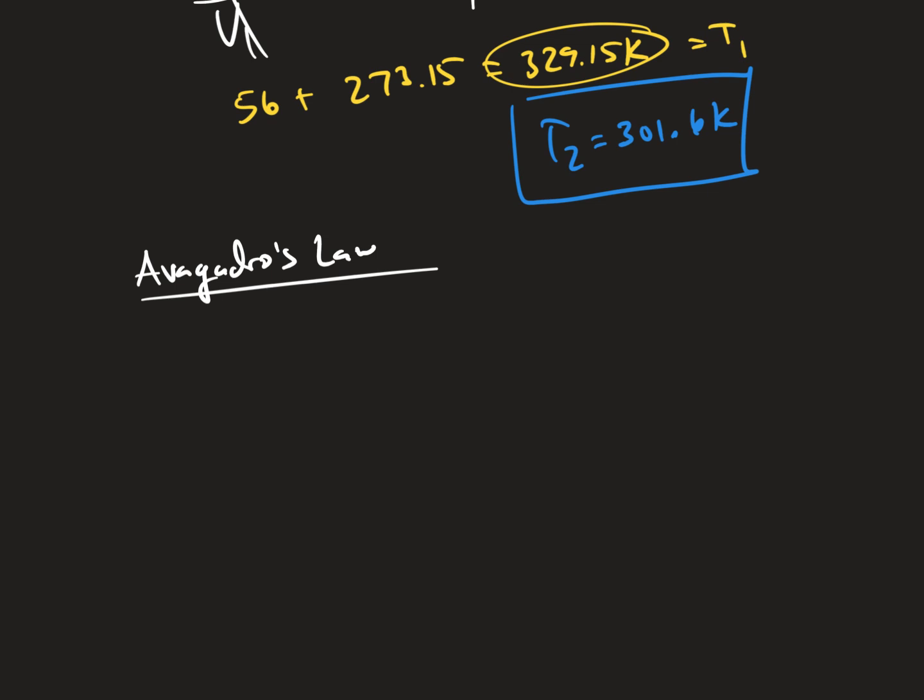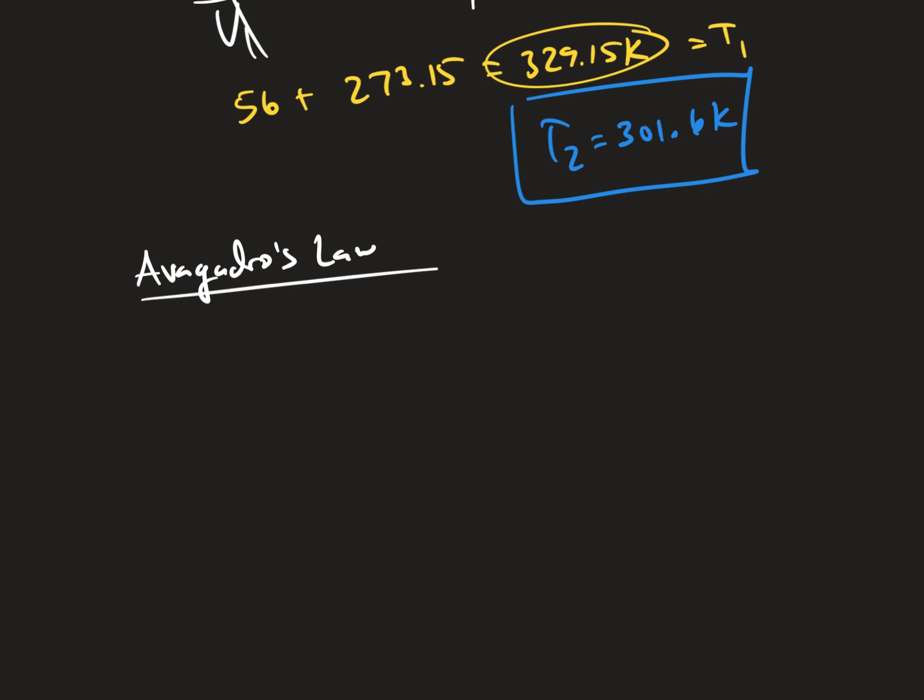Okay. So Avogadro's law, it doesn't matter what gas we have. All gases behave the same at a certain temperature and pressure. So they all behave equally, whether you have oxygen gas, nitrogen gas, or carbon dioxide gas. They all behave the same.